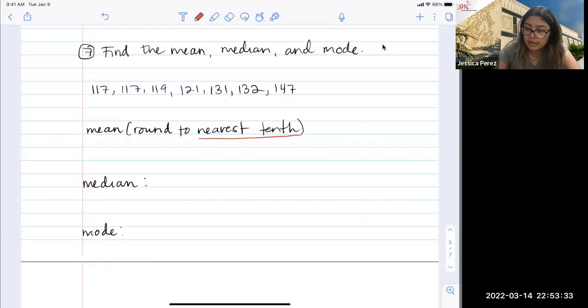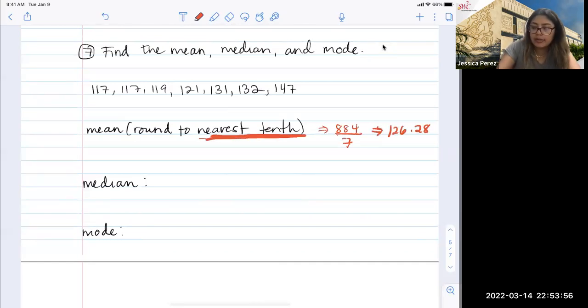That gives me a total of 884 divided by 7. You take that number and divide it by 7, and I get 126.28. But I need to round it to the nearest tenth, so that's not my answer. It's actually 126.3. This 8 tells me to go up.